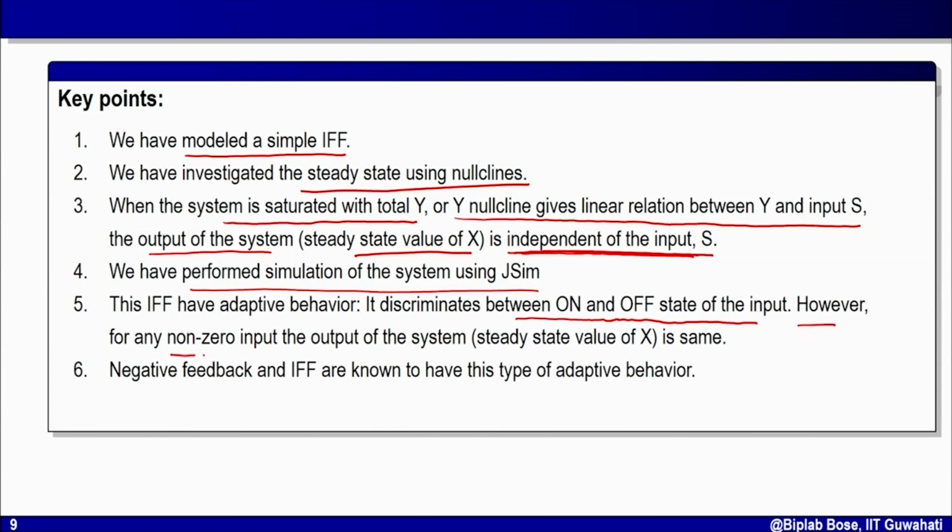However, for any non-zero input, the output of the system, that is the steady state of X, is the same. So the system is adaptive.